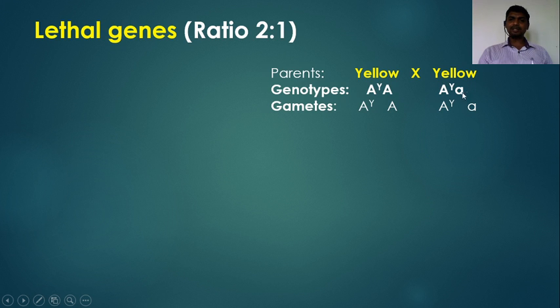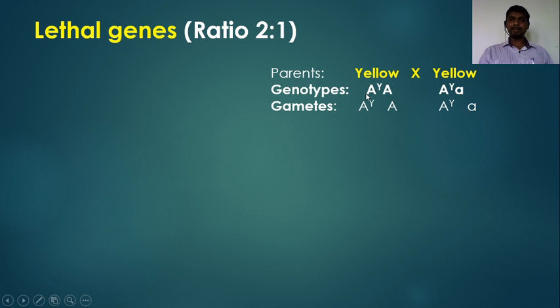Similarly, when a cross is made between yellow and black, yellow is dominant over black, so the yellow hybrid is formed in this cross. Now such hybrids are taken in the cross, one with genotype capital AY, capital A, the other with capital AY and small a.